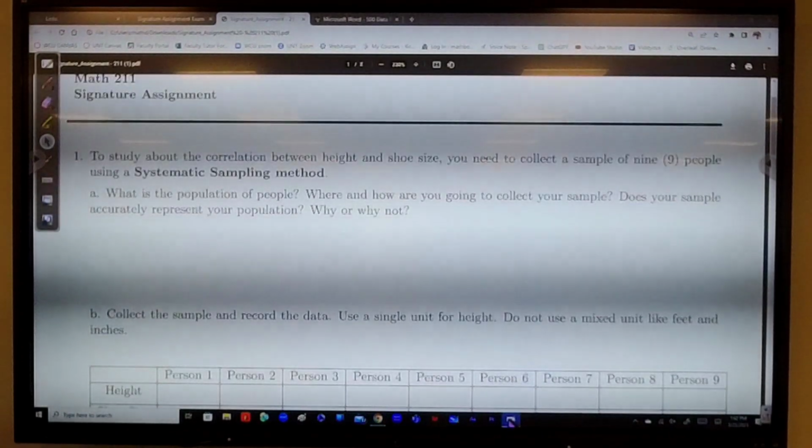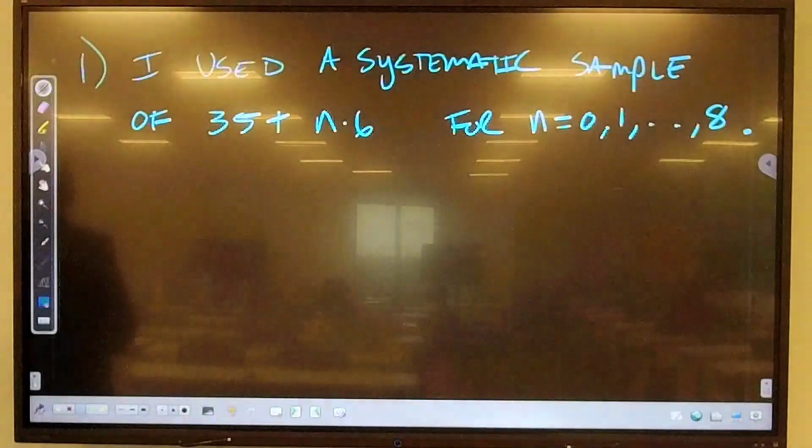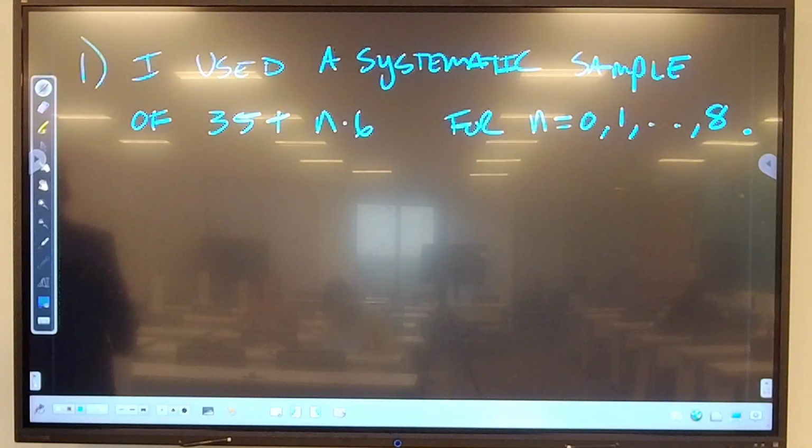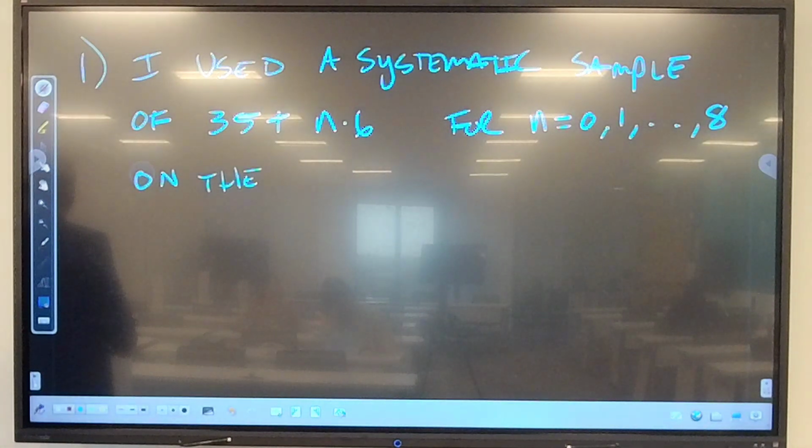They're wanting to know what is the population, so I should state that this came from the population of the list of 500 people.